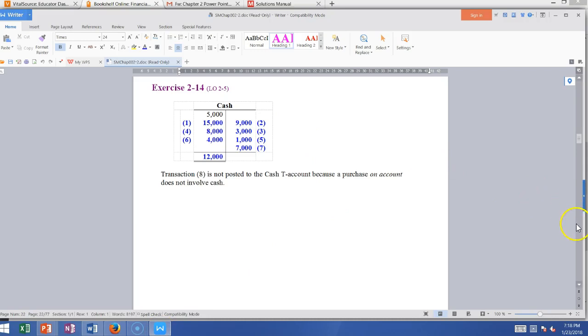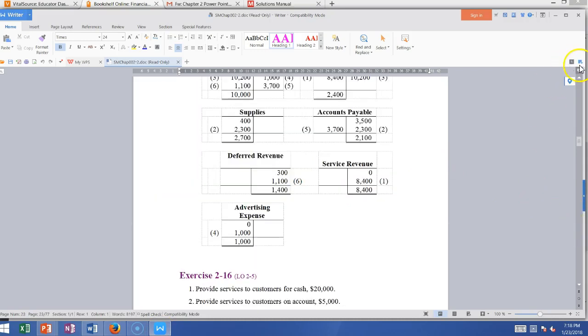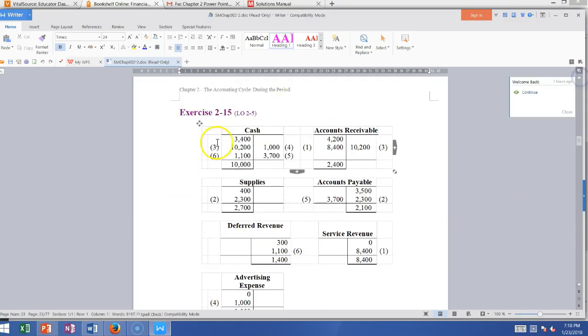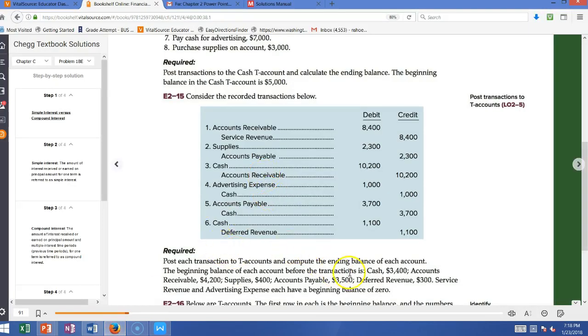So what you want to do for 215, there's a balance in cash of $3,400 before we began. Do you see that? Look down here. Required. Exercise 215. Post each transaction to T accounts and compute the ending balance of each account. The beginning balance for each account before the transactions. So we want to do this first.